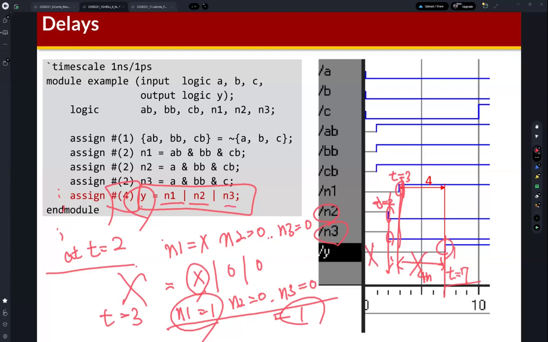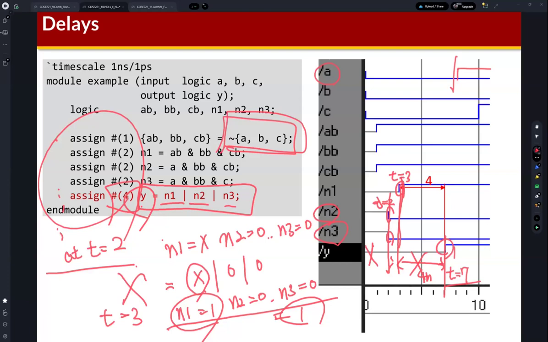But in system Verilog, there is a condition of execution. The condition is just that if signals are changing, then the statement will be executed. So if this A value is changed at this point, then this assignment statement will be executed also. So it depends on these right-hand side signals.